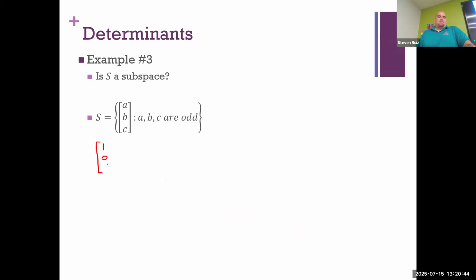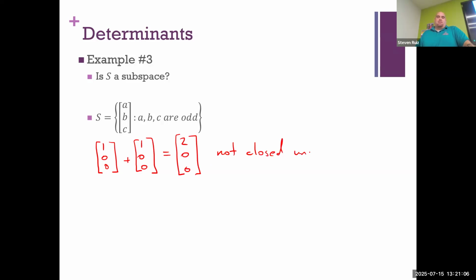Right, so 1, 0, 0 plus 1, 0, 0. So that vector that I wrote down twice, that's in S, right? And that adds together to give me 2, 0, 0. Is that in S? No. So not closed under addition.